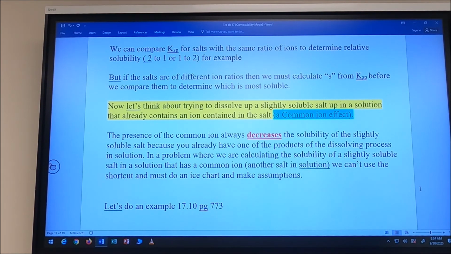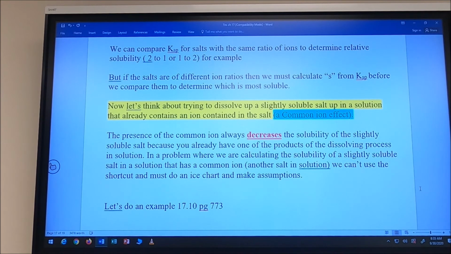Okay? Now, when we think about dissolving slightly soluble salts, sometimes we are dissolving them in a solution that contains other salts. Okay? And we can run into something called the common ion effect.